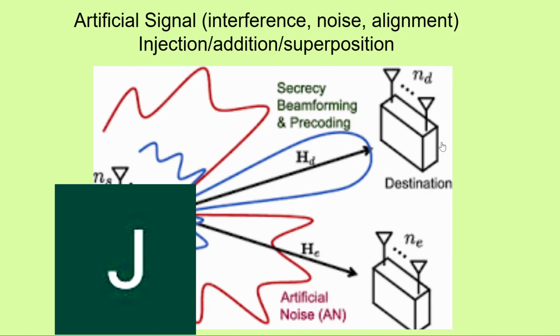So this extra degree of freedom creates the opportunity of having null space vectors that can be used in order to send the artificial noise signal that affects Eve but doesn't affect Bob. Good.